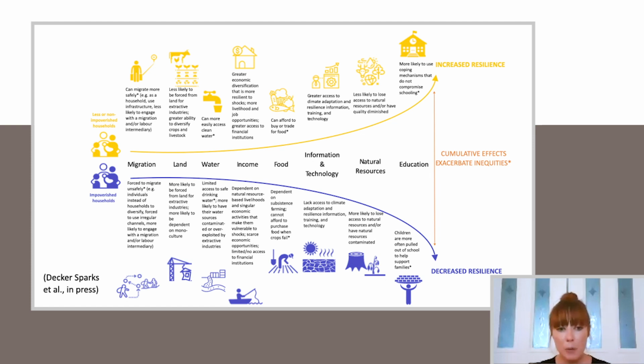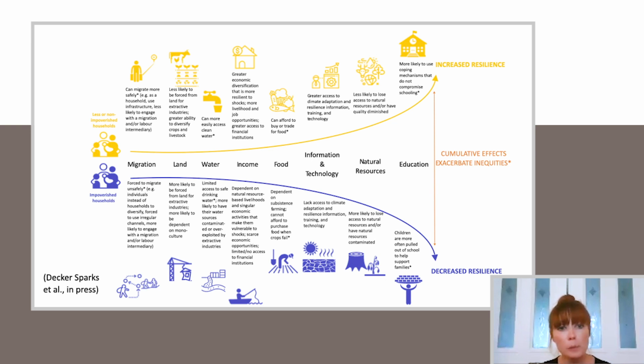So poverty is that primary relationship, but then once environmental degradation accelerates and climate change accelerates, we start to see a widening spread in inequities and inequality. Once you have this widening spread between the impoverished households and the less or non-impoverished households, what we see is that the impoverished households have decreased resilience and decreased adaptability to their changing environment, both environmental and climatic change.